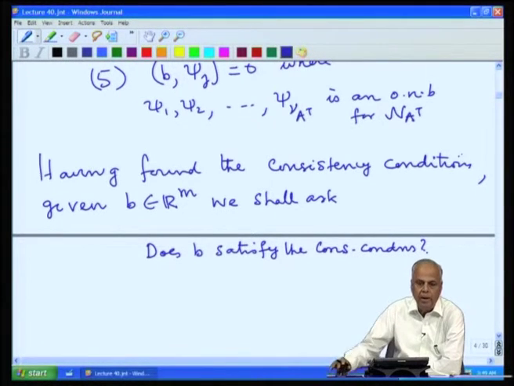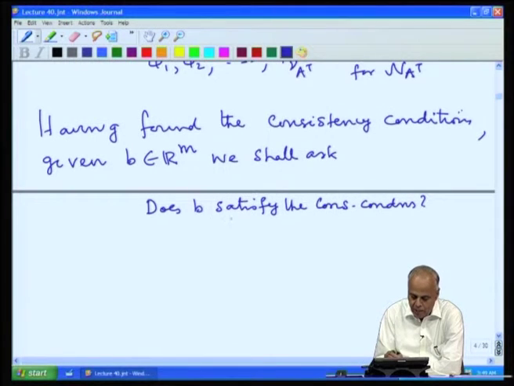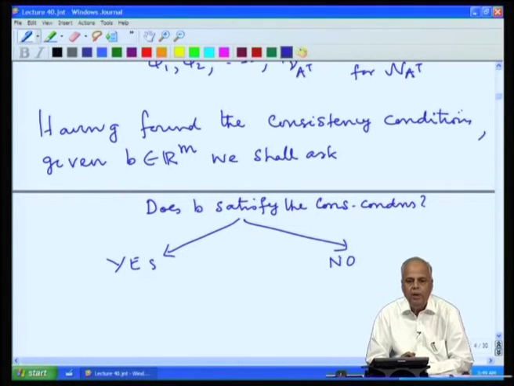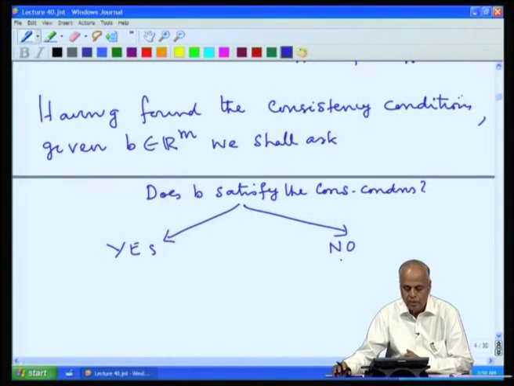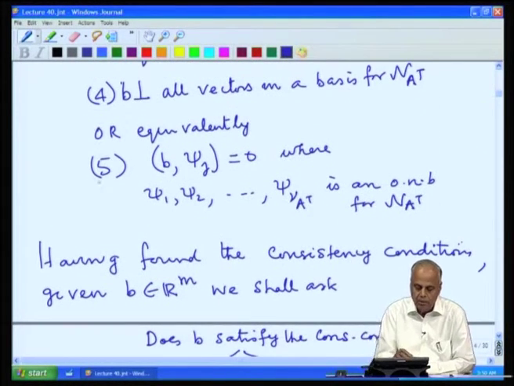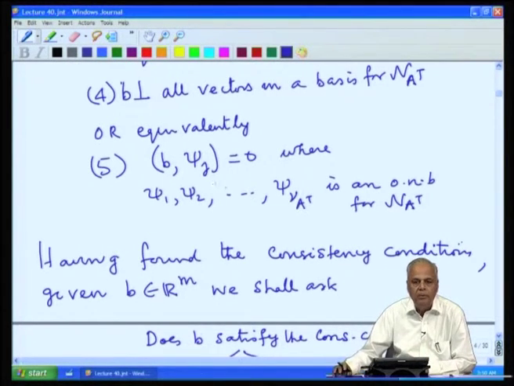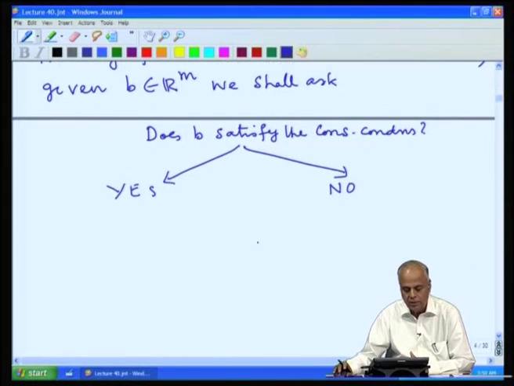That was our next question, and we said we could get the answers to this in two forms, either yes or no. Either B may satisfy the consistency conditions or not. If B satisfies this orthogonality to all the basis vectors, then it satisfies the conditions. If it fails to be orthogonal to even one basis vector, then it fails to satisfy the consistency conditions.